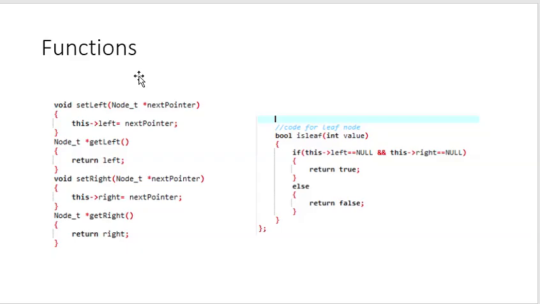For inserting nodes you will first check whether your left and right are null or not. If you want to check the tree for leaves, bool is leaf will return true if left and right are null, otherwise it will return false. You can write bool for any function if you want to check. So this is the code for leaf node.